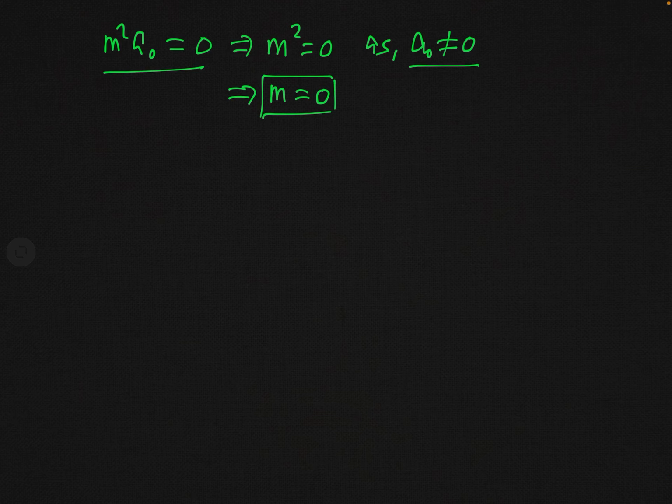Now, to find the value of the coefficient a1, we will equate to 0 the coefficient of the next lowest power of x. And what will be the next lowest power? For getting the next lowest power of x, we will put k equal to 1, because after k equal to 0, k will be equal to 1.